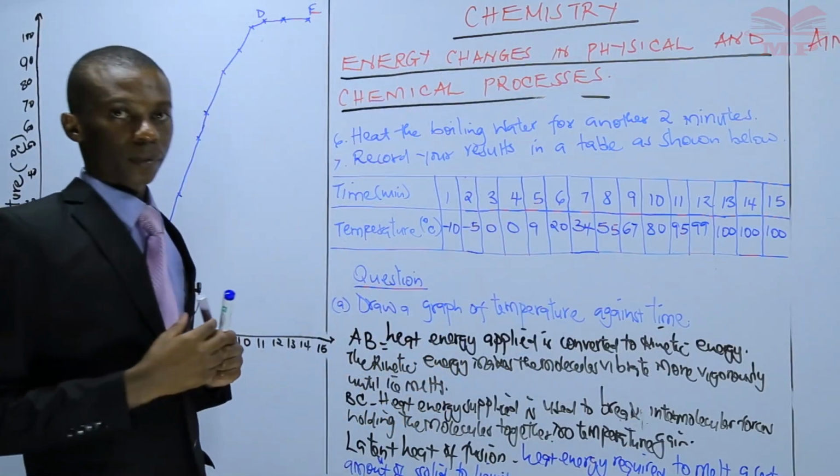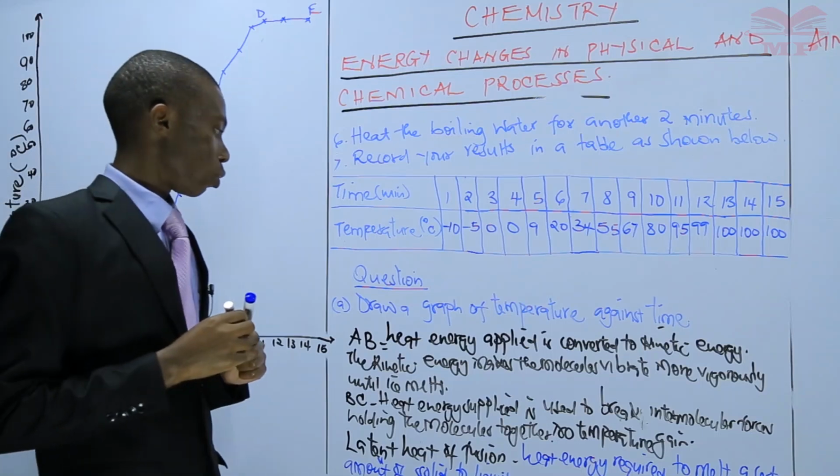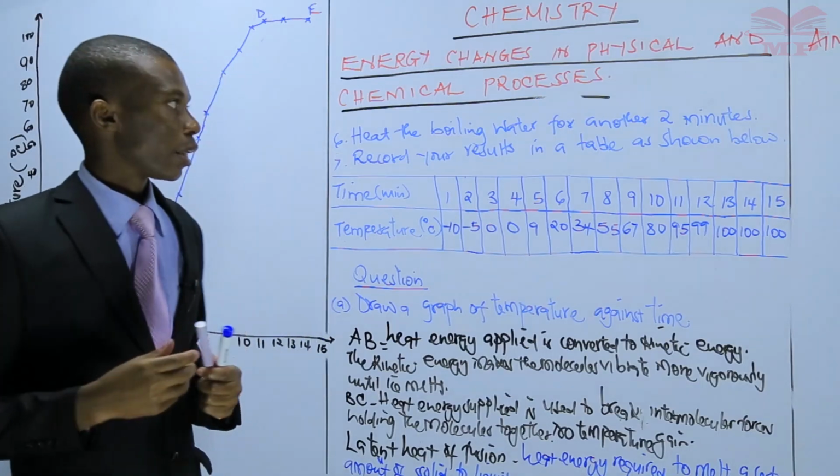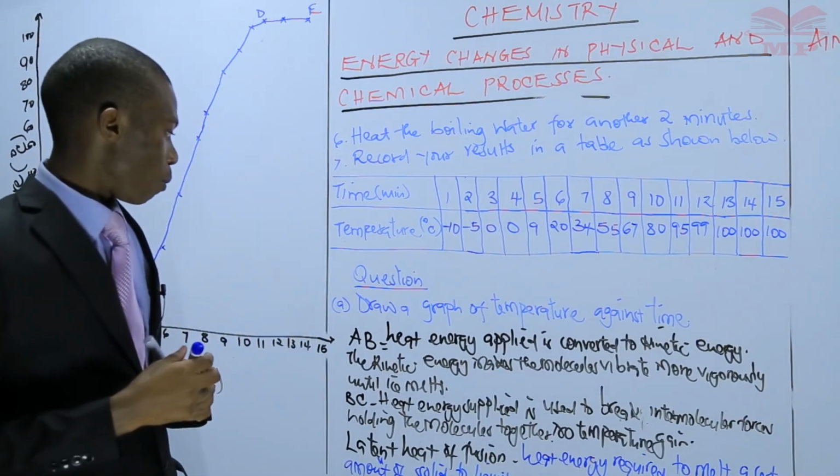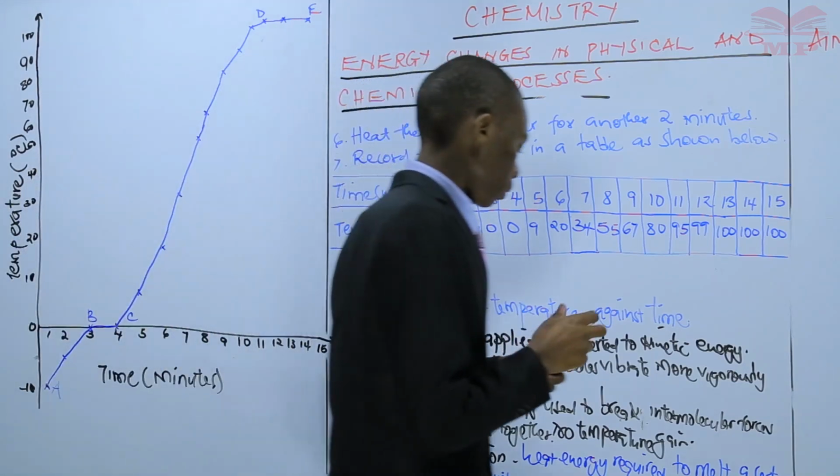If you melt 1 mole of a certain solid to a liquid, then that will be called the molar heat of fusion.